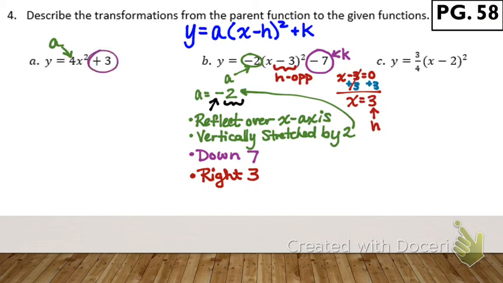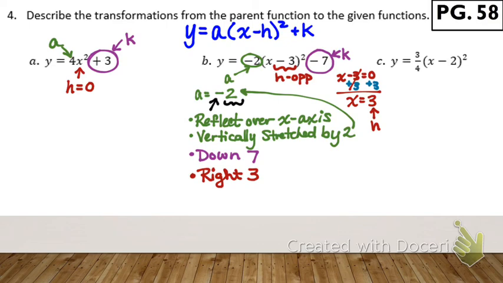Who do you think this is back here? Again, it's not inside parentheses. K. So what is H? 0. H equals 0. That means it's not going to go left or right at all. There's no change there.